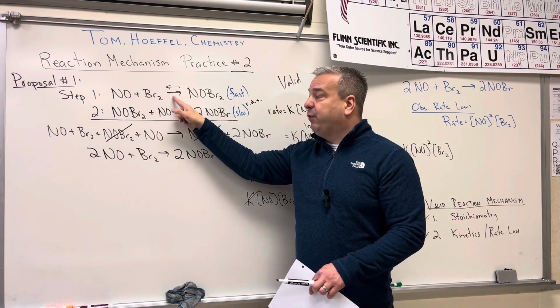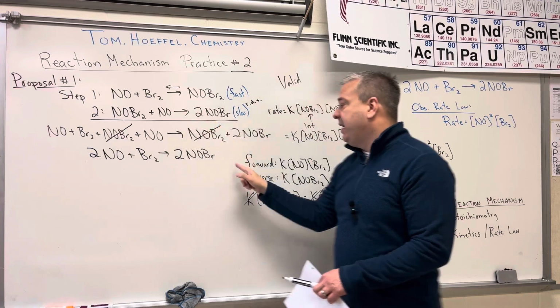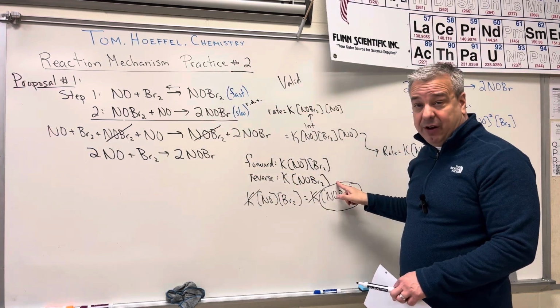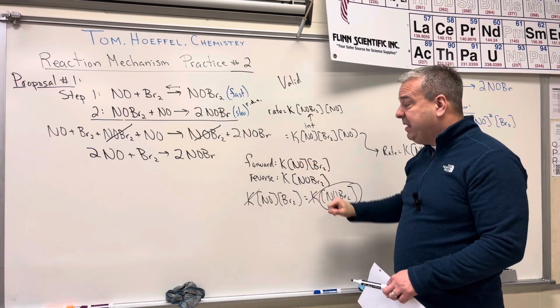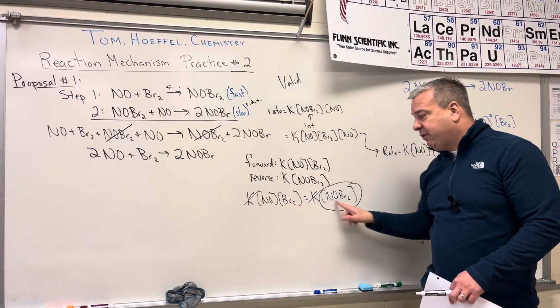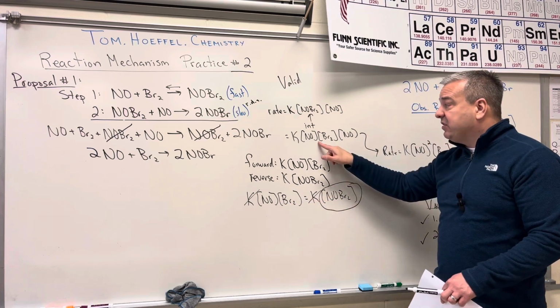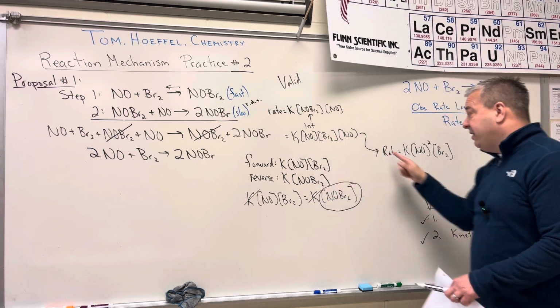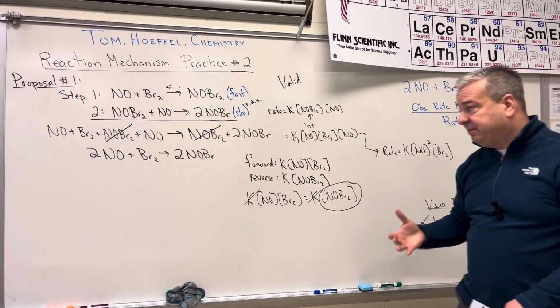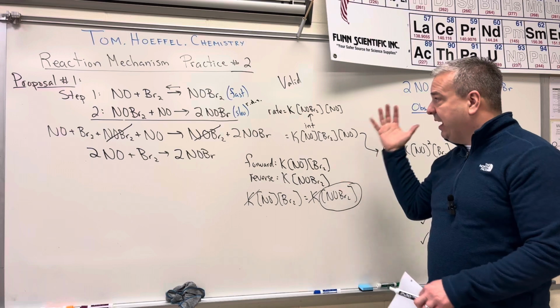You then have to put the first reaction in equilibrium and write the forward reaction and the reverse reaction's rate laws. Set those rates to be equal to each other and solve for your intermediate. And after you solve for your intermediate, you substitute it back in and then simplify it and see if it matches your observed rate law, okay? So that's how we took care of that one.